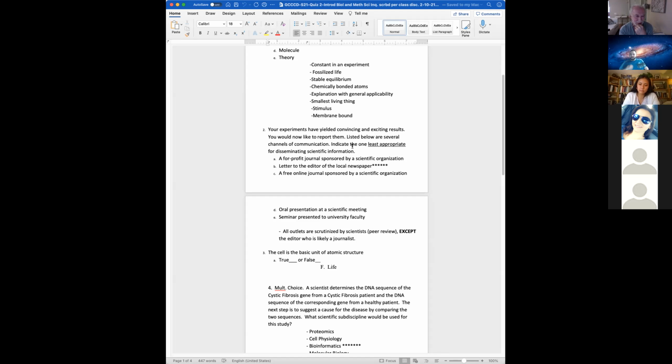The main thing here is that all of the other options are scientific organizations or having to do with science. So essentially, if you published or presented a talk, it would be to peers who could knowledgeably review your work. The editor of the newspaper is a journalist, very unlikely to know much about science. So that would be the least appropriate type of person that you'd want reviewing your work.